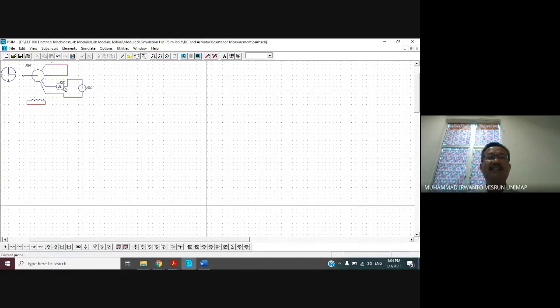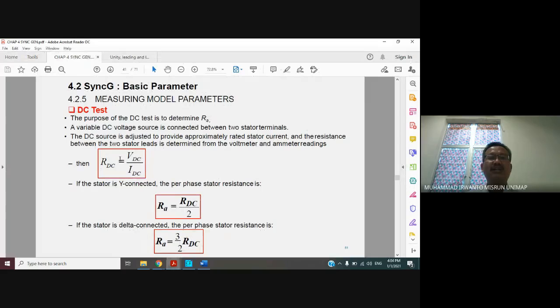You obtain IDC, and from here you can obtain the DC resistance, VDC over IDC. With the DC resistance, you can find the armature resistance. For the Y connection, armature resistance is equal to RDC over 2.